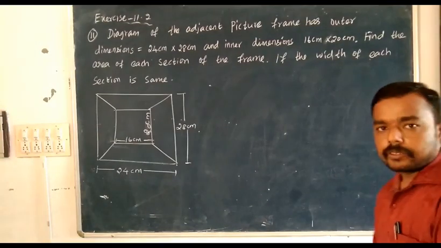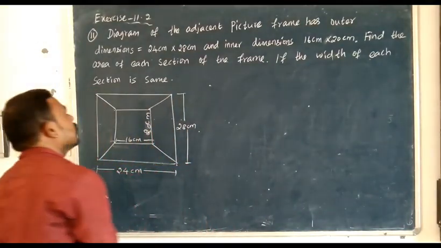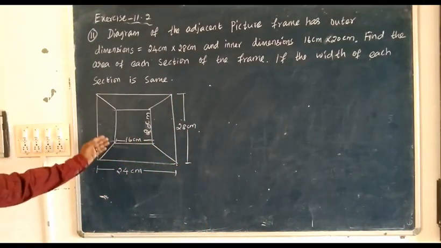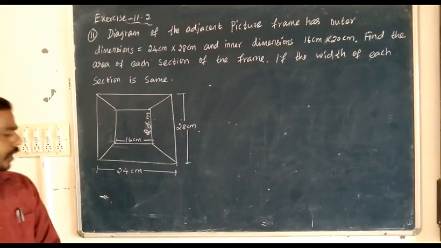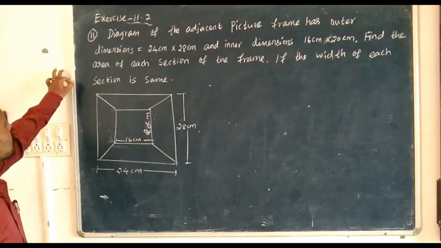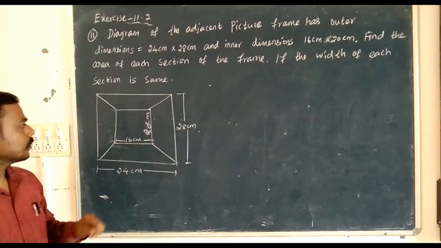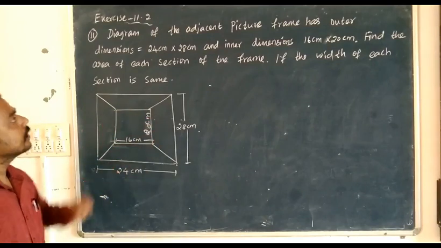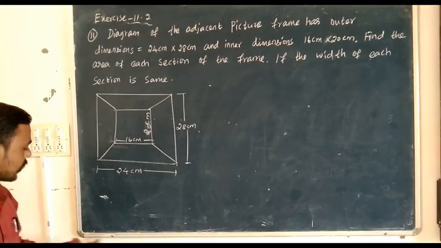Now we are going to discuss the next problem. The problem is given: diagram of a picture frame, outer dimension. What is meant by frame? Suppose consider this board. This thing is called a frame. In a photo we have a frame. So like that, the frame has outer dimension, outer edge.